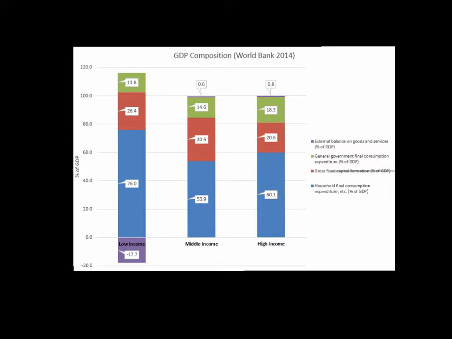We've got a little bit less than that, 18.3% coming from the general government, that's the day-to-day expenditure, and then a slight positive on the external balance of goods and services. So that looks broadly the same.